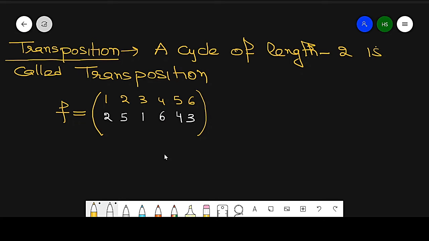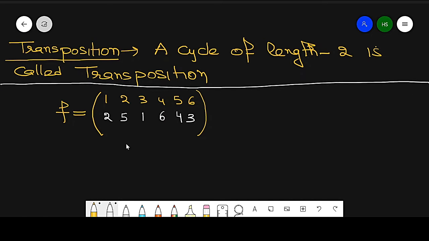I take this as a general example. Now how can I convert the permutation into cycles?